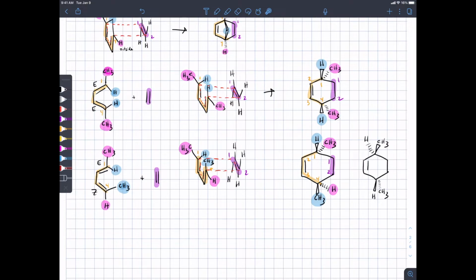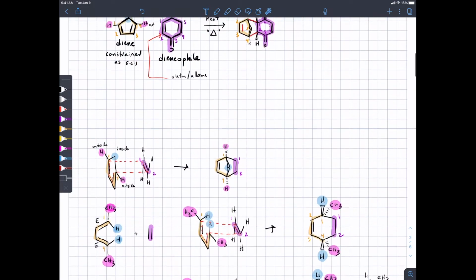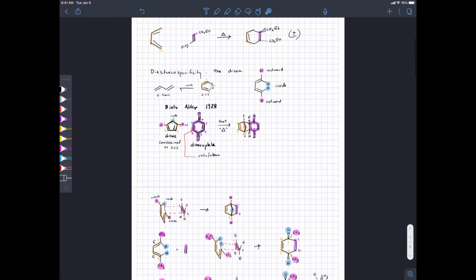And you would get that possibly by having the olefin approach the diene from the other side. But in any case, as long as you remember that if you make a product that's chiral, but your starting materials were not, you must make both enantiomers. Okay, so that's diastereospecificity, second issue, the diene.